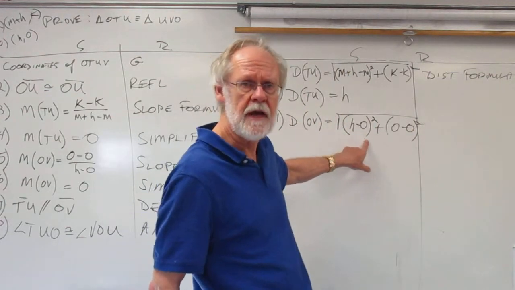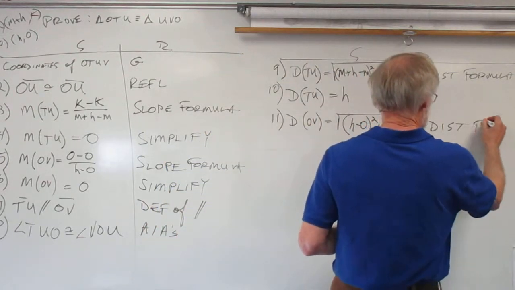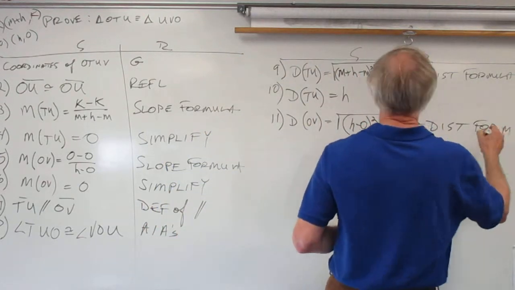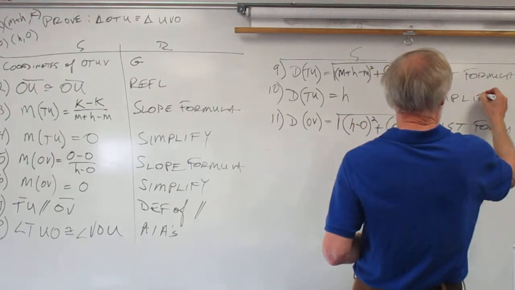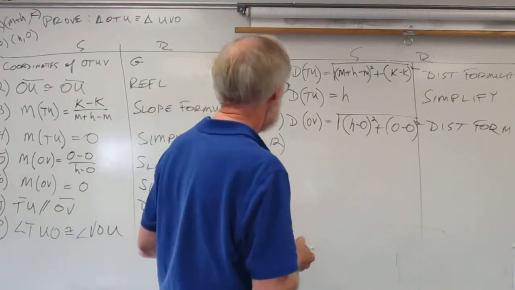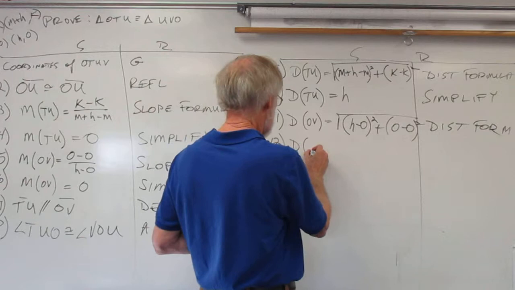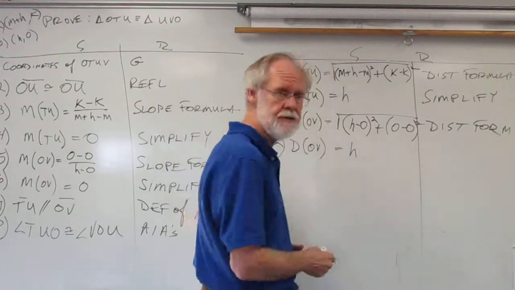This is obviously h squared. The square root of h squared is h. This is distance formula. This is simplify. Now, we're at step number 12, which is the distance of OV is equal to h.